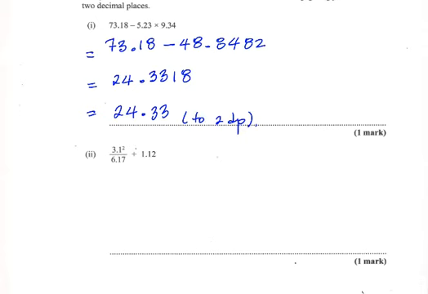So you put 3.1 squared divided by 6.17, and then after that you add 1.12, and the answer here comes to be 2.6775, and it is 2.68 to 2 decimal places.